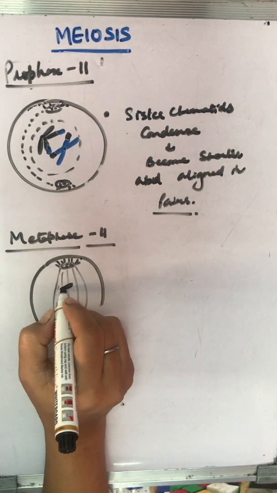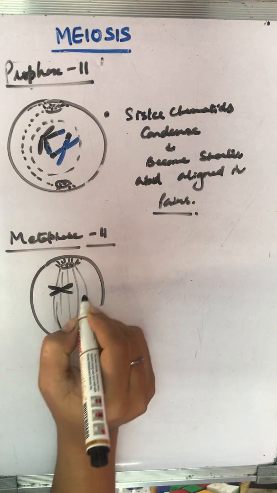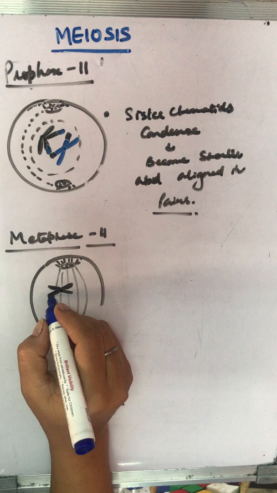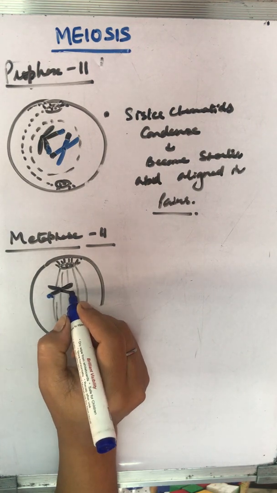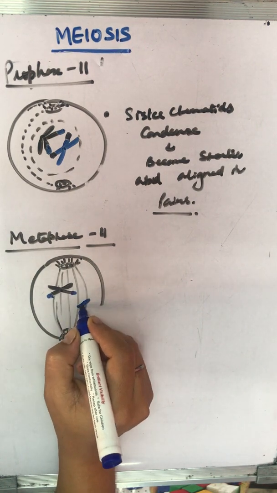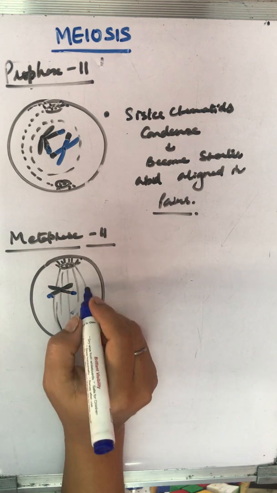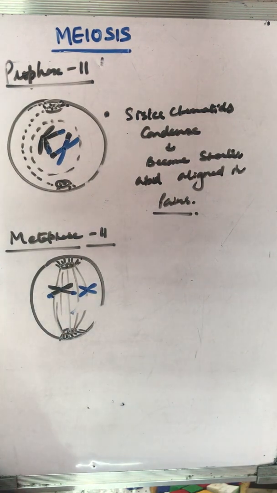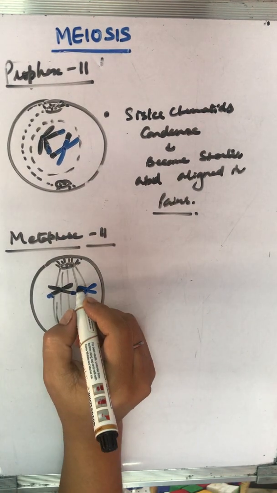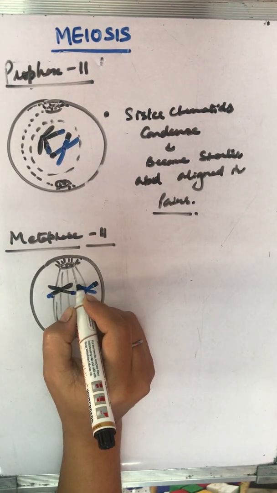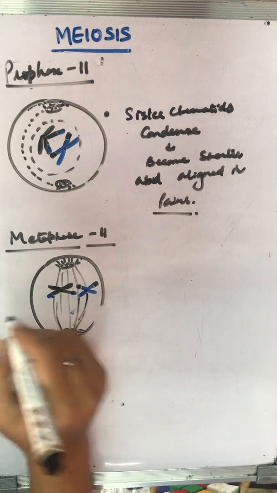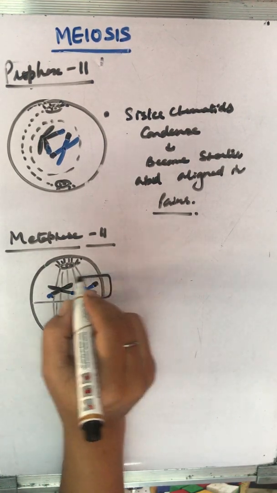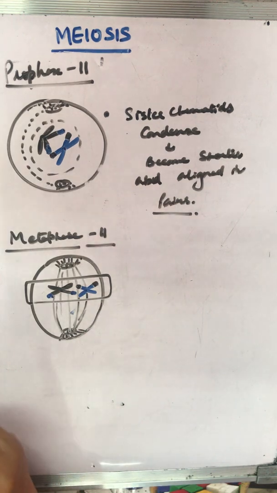We draw the chromosomes here, where they are aligned at the equator. Okay, here are the ones. Right, they are at the equatorial plate. So, metaphase 2 at the equatorial plate.